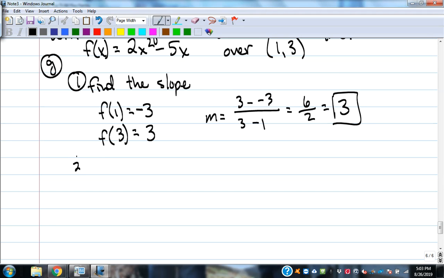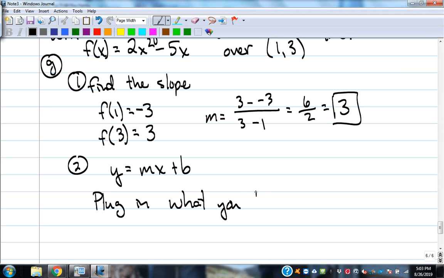The second thing to do is take y equals mx plus b and plug in what you know. What do I know? I know the slope. I know m, it's 3. I also know x and y.